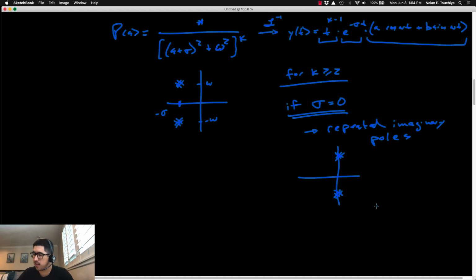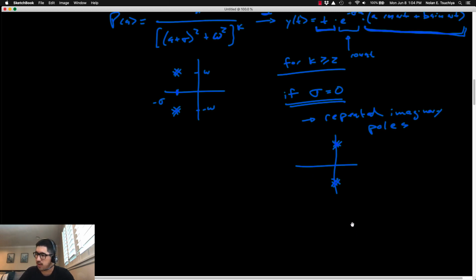Now in this case, when sigma is equal to 0, look at the form of the impulse response, right? Basically, if sigma goes to 0, then this just becomes a constant, right? E to the 0 is just a constant. However, you're still left with this t component, so some power of t times a sinusoidal component.